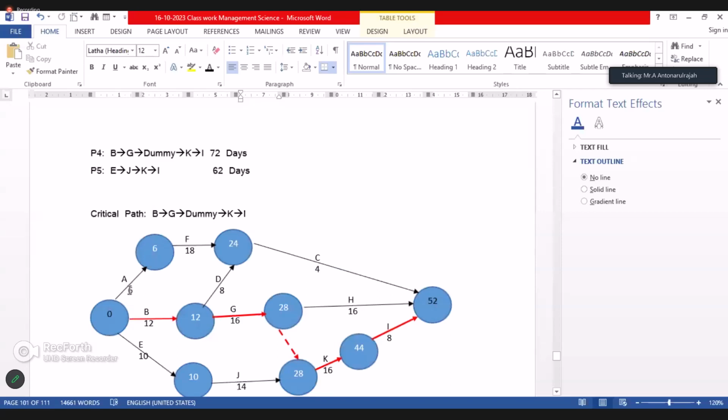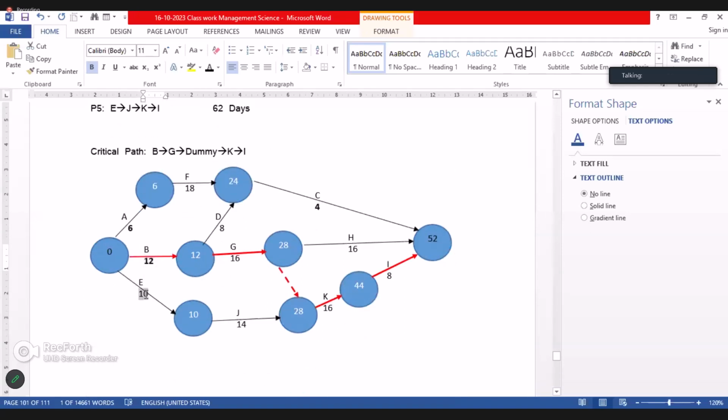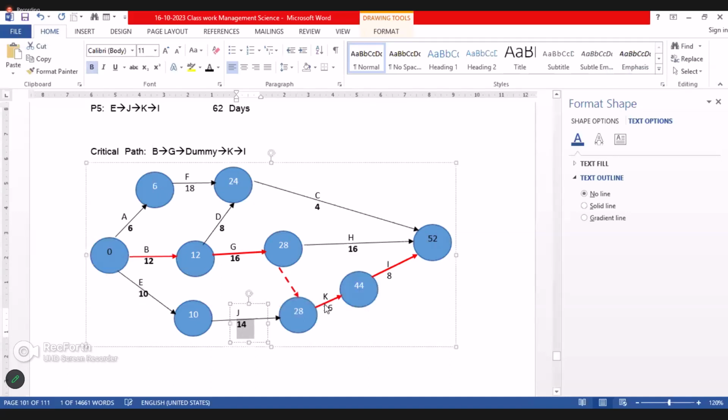Just apply. All the crash durations. Then you check the paths, right? It will take 50 days.